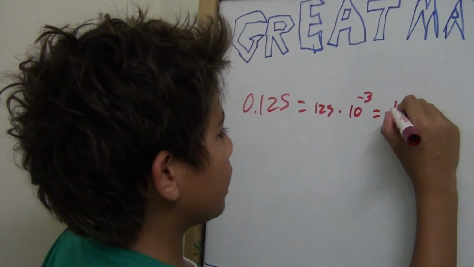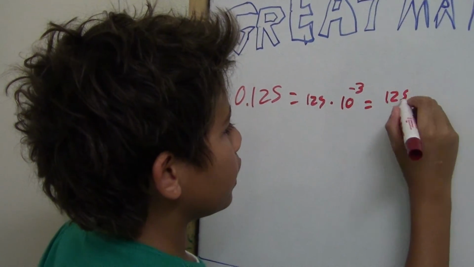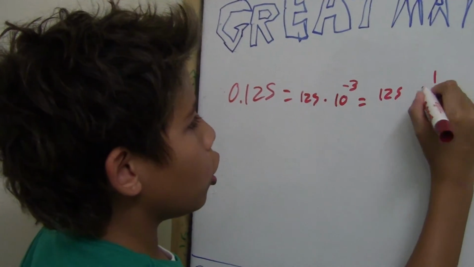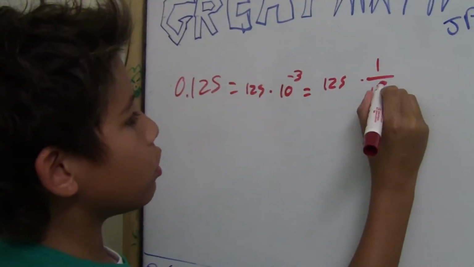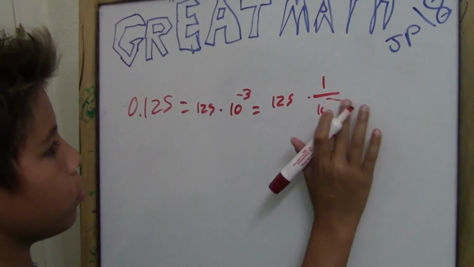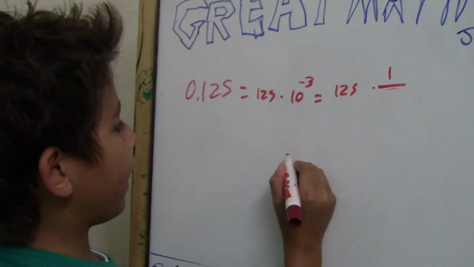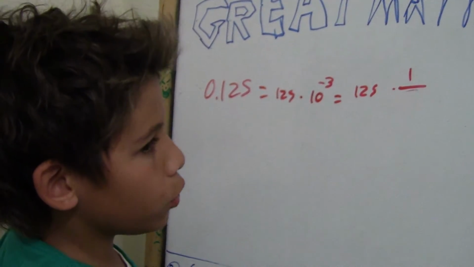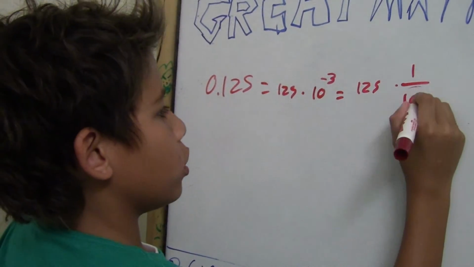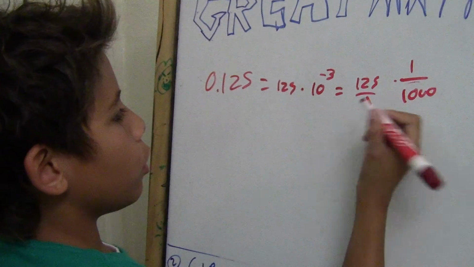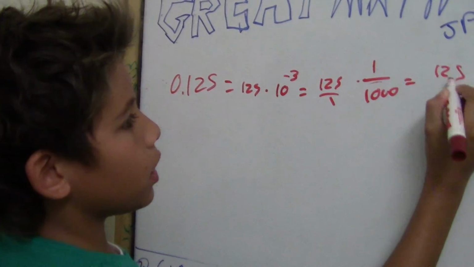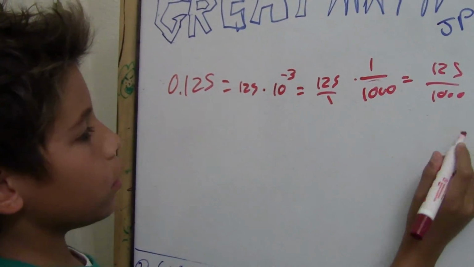Which is the same thing as 125 times that. By 2, that's 100. By 3, that's 1,000. Which you also want to make into a fraction, which is equal to 125 over 1,000.